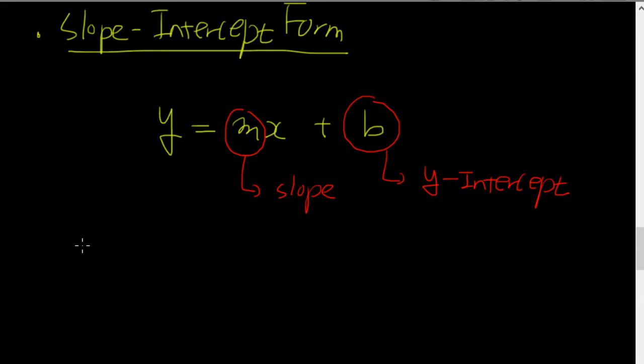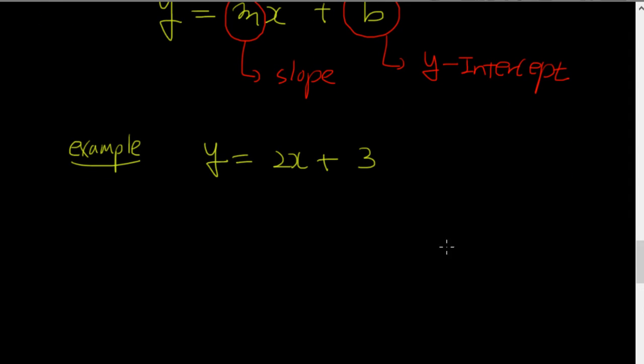For example, let's say you have y equals 2x plus 3, and I'm trying to figure out what the graph of this equation looks like. I know that it has a slope of 2 and a y-intercept of positive 3. What is that supposed to mean?